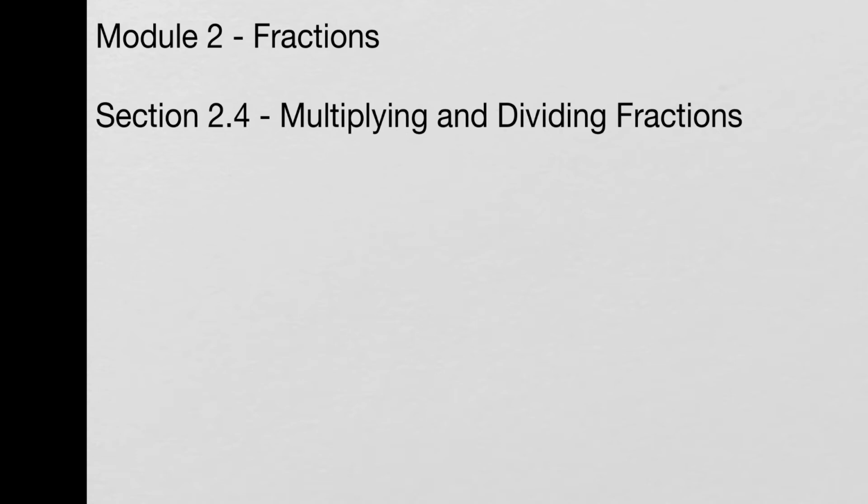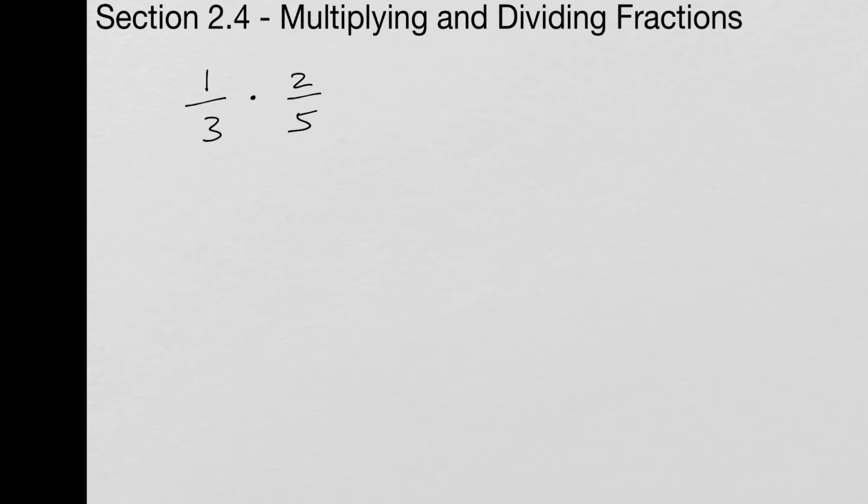Let's say I want to multiply 1/3 times 2/5. Usually we represent multiplication by a dot, so 1/3 dot 2/5. Let me do 2/5 first. I can represent 2/5 as a rectangle.